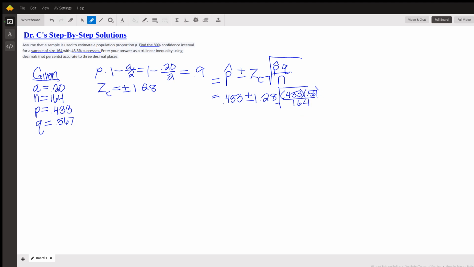So when we do that, 0.433 times 0.567 divided by 164, you take the square root of that times 1.28, and that essentially gives us plus or minus 0.0495.